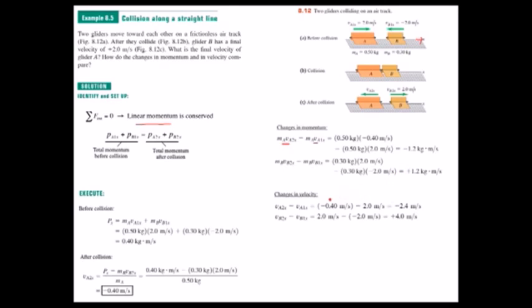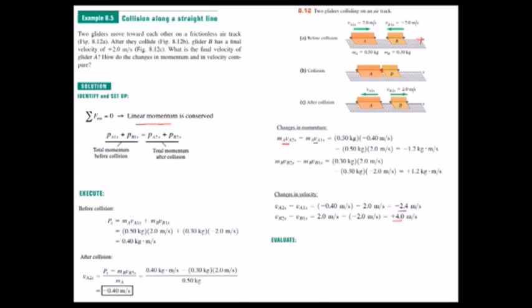However, this symmetry doesn't exist for the velocity because they don't have the same mass. So if I look at the change in velocities, A changed by a minus 2.4 meters per second, but B changed by a somewhat larger value of 4 meters per second. And the reason that the change in B is larger is that B has a smaller mass.